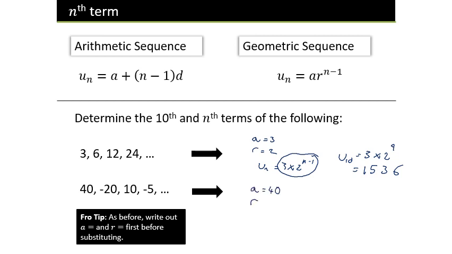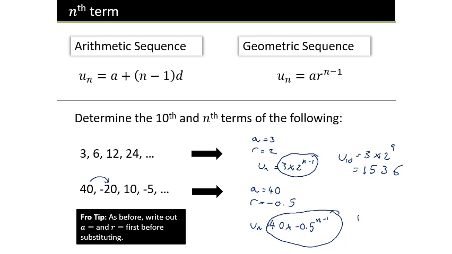For the second one, a is going to be 40. My common ratio is going to be, well, what are we multiplying by to get from 40 to -20? We are multiplying by -0.5. And so therefore my nth term is going to be 40 times -0.5 to the power of n minus 1. Again, can't simplify that.